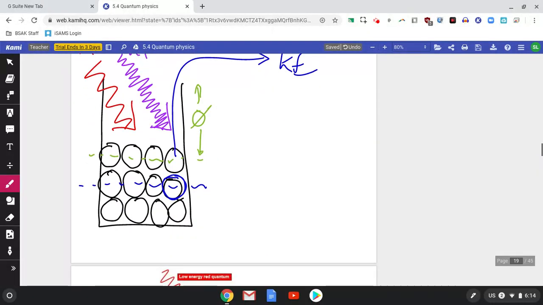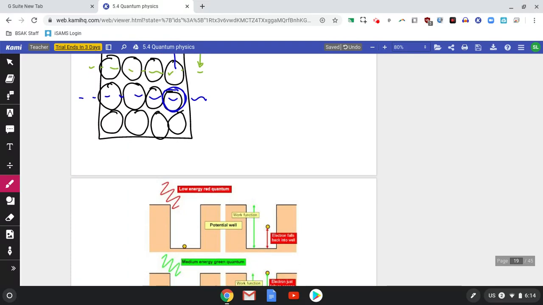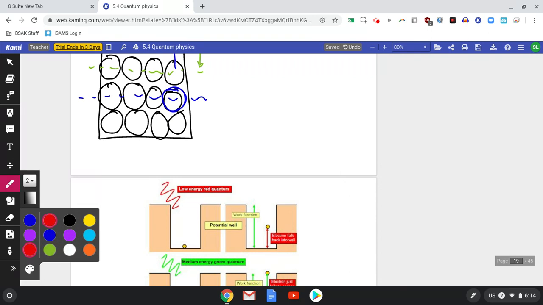Which, if you remember, is this one here. So that's the total energy you start with. That's the photon energy that goes in. Now, some of that is left over as kinetic energy, and some is to overcome the work function. But this equation is the case for the top row only.